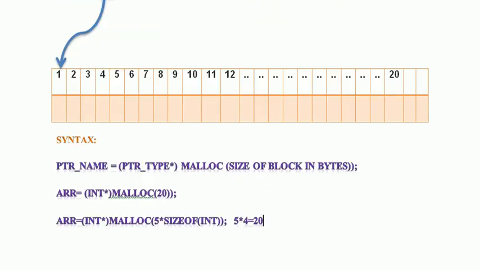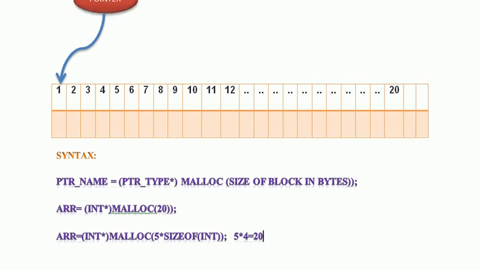So now let us see how this syntax will work. Whenever we allocate a memory using malloc, it allocates a memory block of 20 bytes, and it returns a pointer to the beginning of the block, right? If we use the malloc function to allocate memory, the memory is allocated, and after that it returns a pointer which will be pointing to the beginning address of that block.